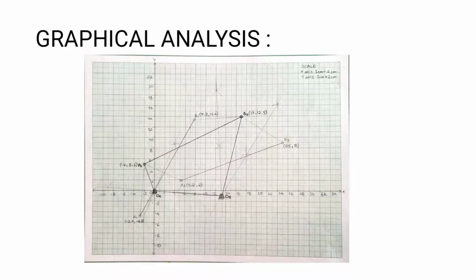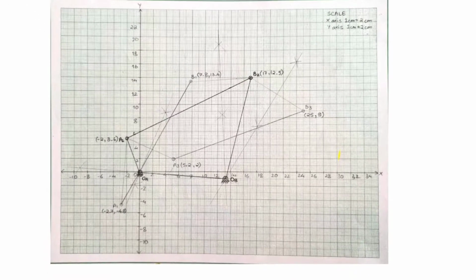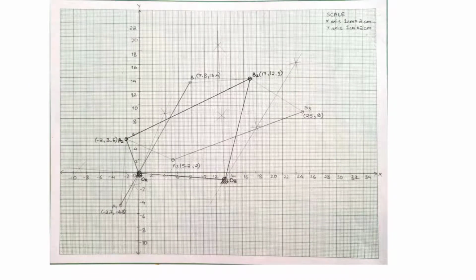Graphical analysis. The graph shows the graphical synthesis of the mechanism. The scale of the graph is 1:2. A1B1, A2B2 and A3B3 are the 3 different positions of the coupler. OA and OB are circumcenters of triangles A1, A2, A3 and B1, B2, B3 respectively, which have been plotted using geometrical constructions.